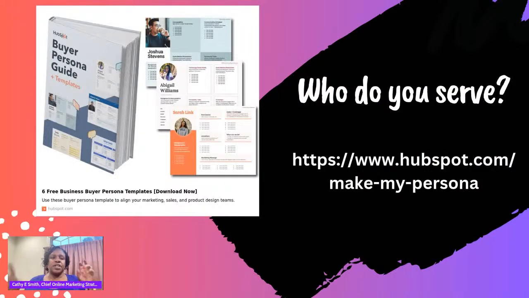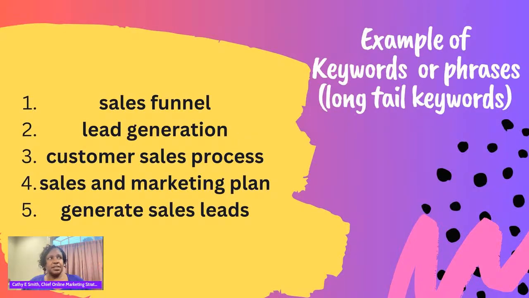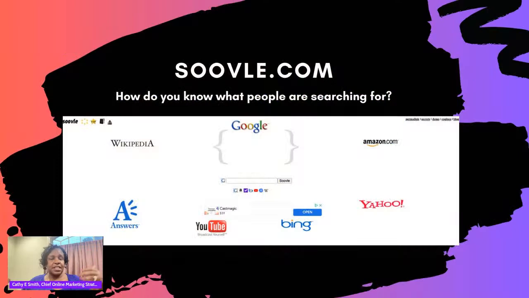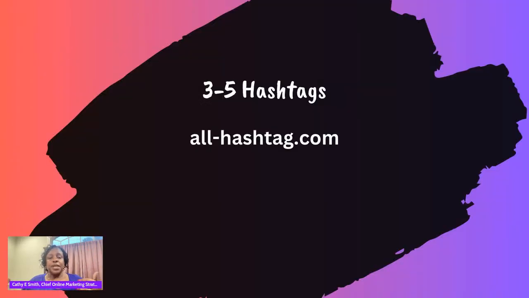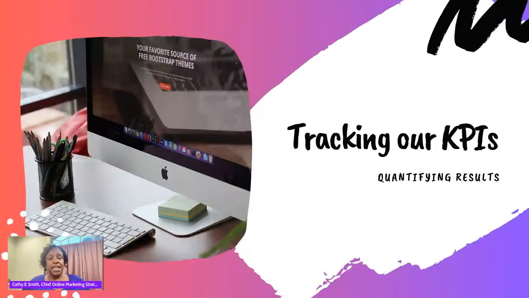You can fill it out, or you can just go to their website and search for HubSpot personal buyer persona, which is the same thing as the ideal customer, which is the same thing as the ideal avatar you may hear people talk about. You can go to that site and fill it in online. But it's important to know the demographics, male, female, age range, because it makes it easier for you when you are going to do paid ads.